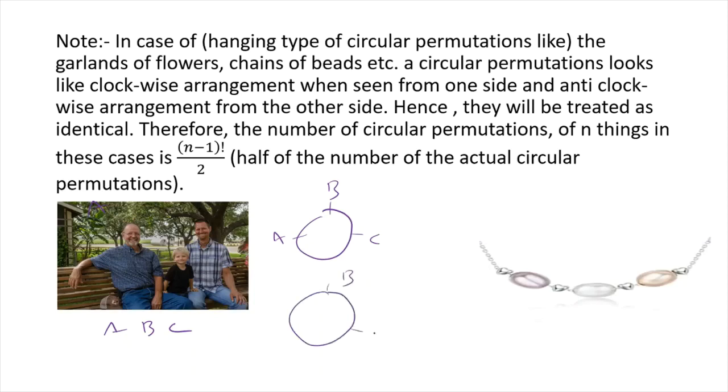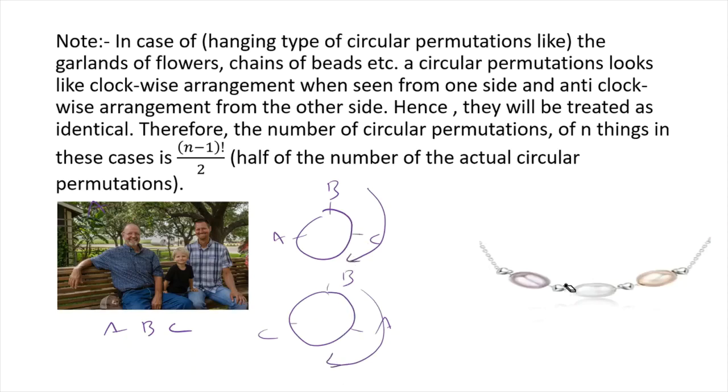So here I have B, C and A, starting from B. Here I have B, A and C. So these two permutations are different.